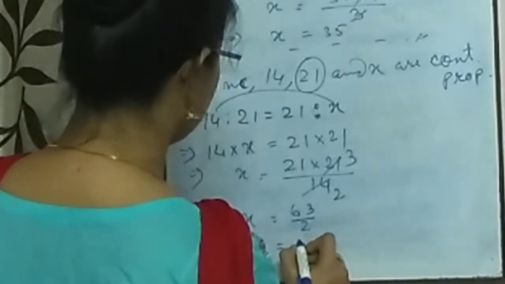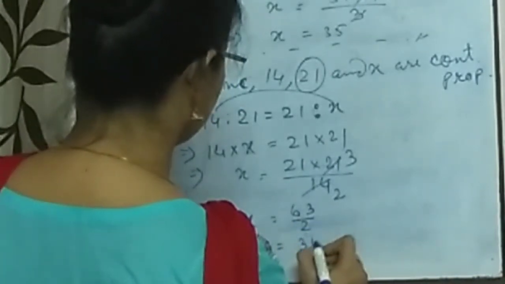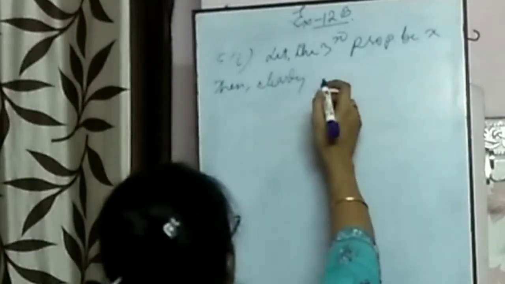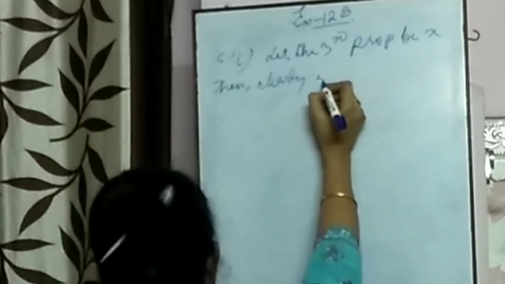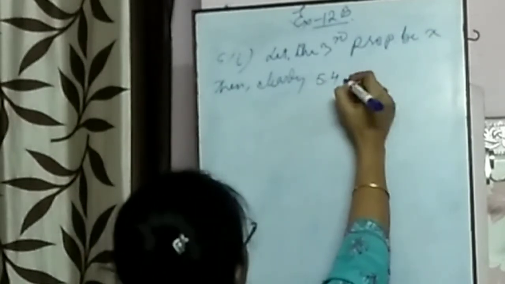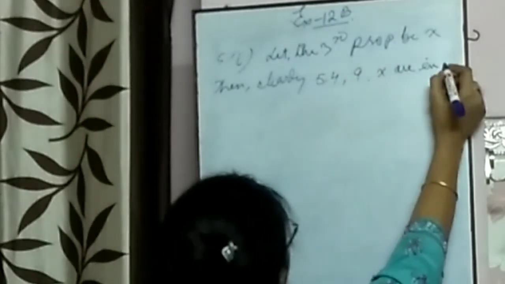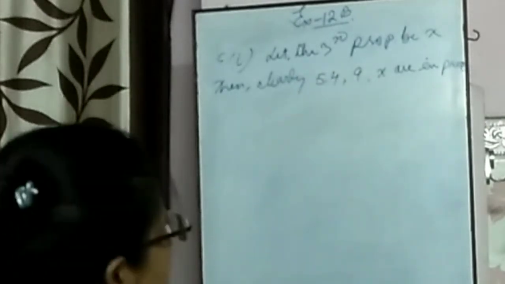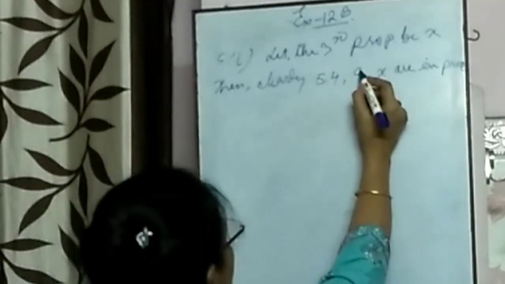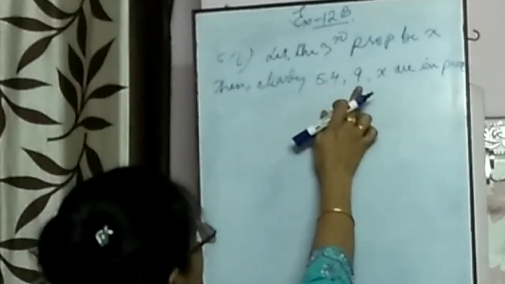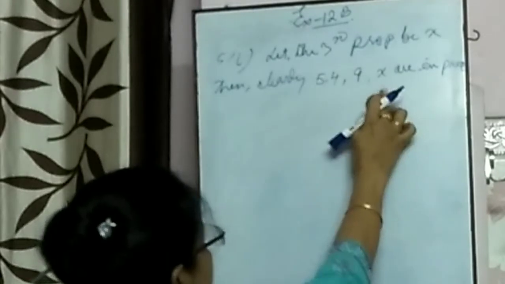It will come as... to find the third proportion, then clearly 5.4, 9 and x are in proportion. We could have made this a proportion, and by writing also we can show. That means already we had 2 numbers, these 2, so x would be placed in the third position.